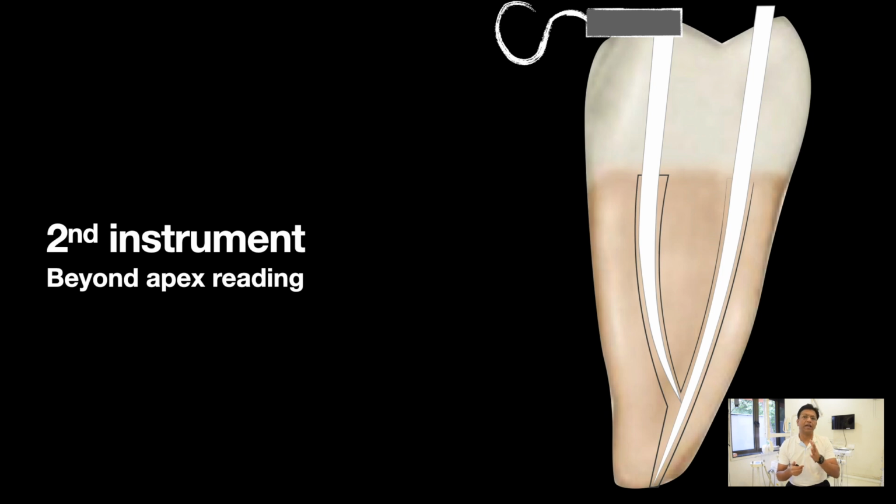Now, if there is already an instrument inside the mesiolingual canal and I am taking a working length for the mesiobuccal canal, then the connection is going to get completed and you may have a beyond apex reading or at apex reading even if you have not reached the apex. Therefore, whenever you are taking a working length reading, see to it that there is always one file in one canal and the rest of the canals do not have any kind of material inside them.